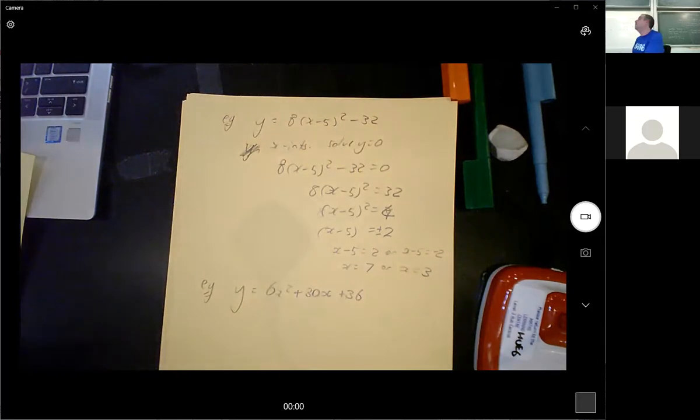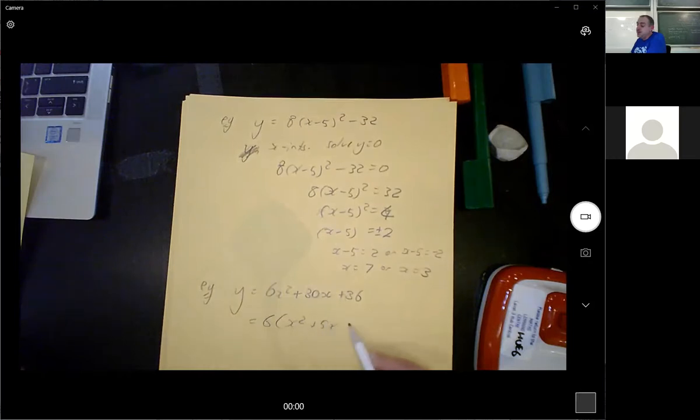For example, this one, if I wanted to turn it into factorized form, then I would try and remove this number that's next to the x squared from all the bits. They've all got a 6 in them, so I'll divide by 6, like that.